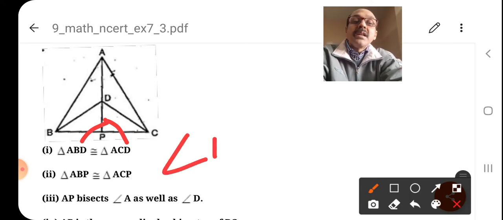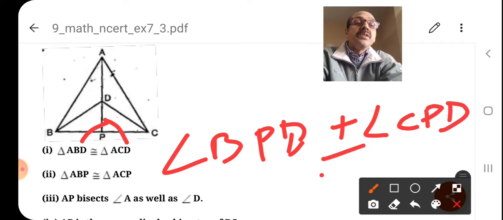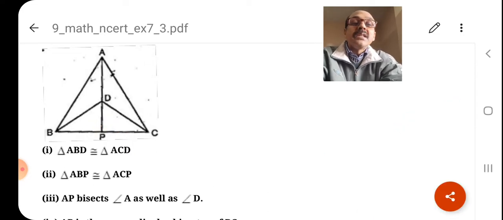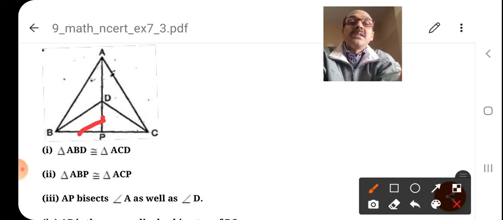So angle BPD plus angle CPD equals 180 degrees, and these two are equal. So each angle is 90 degrees. That means this angle is 90 and this is also 90 degrees.